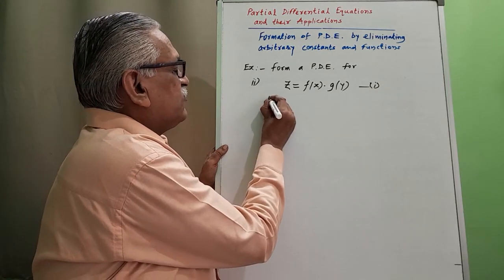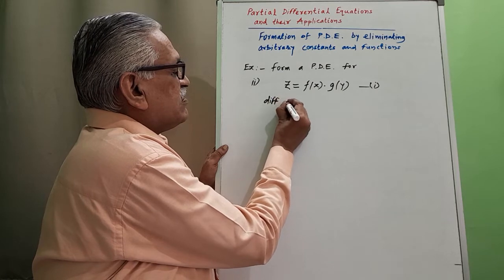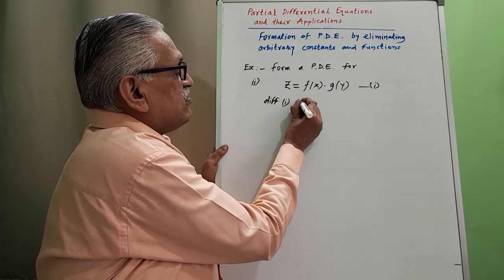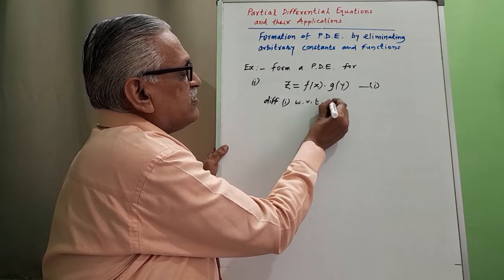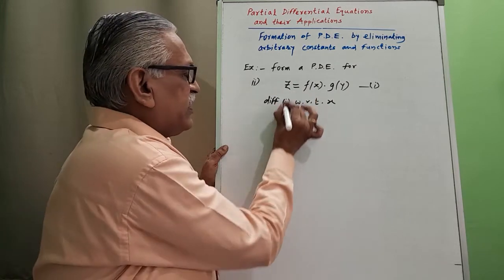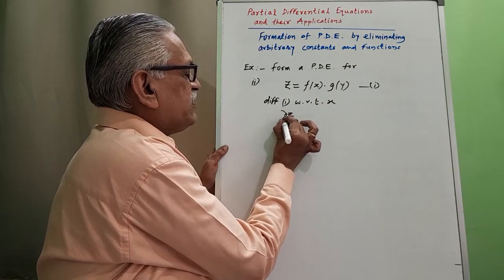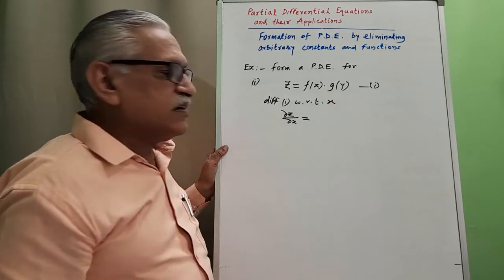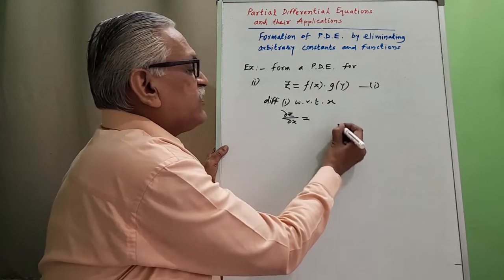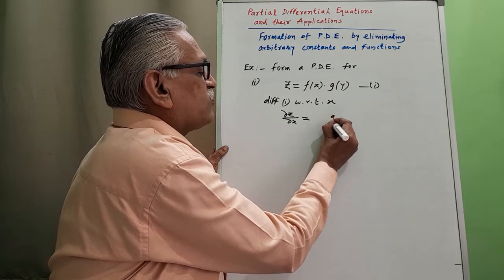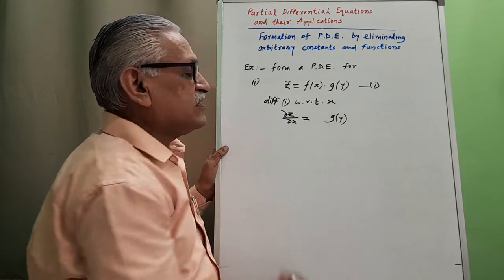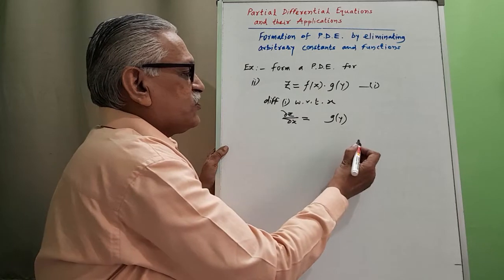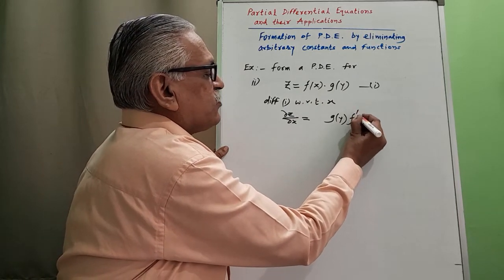Therefore, differentiating 1 with respect to x, keeping y constant, we get the derivative of z as dou z by dou x. As g of y is a constant term, I can take it outside, into differentiation of f of x, which is f dash of x.